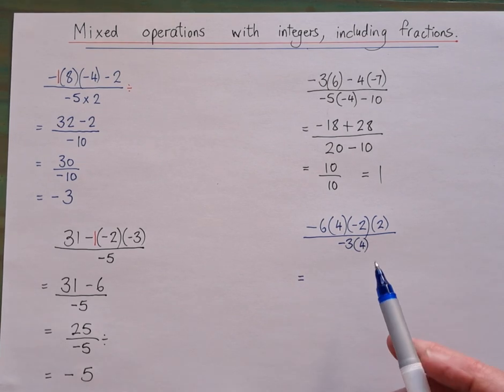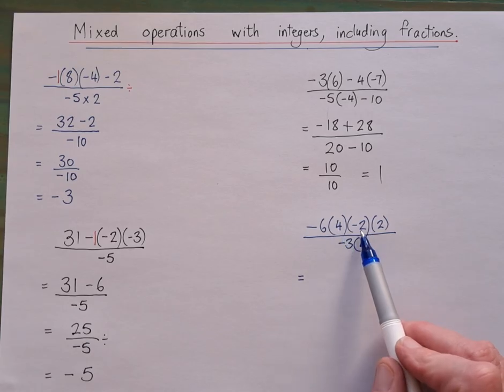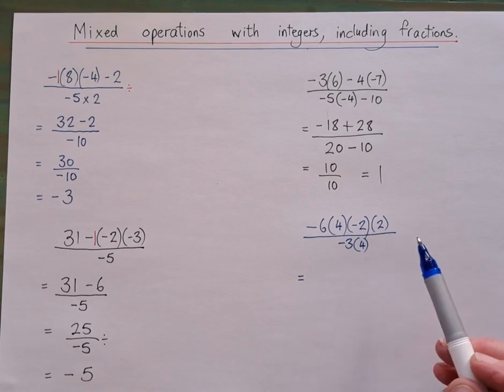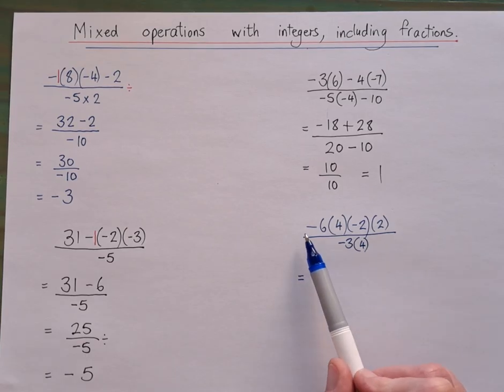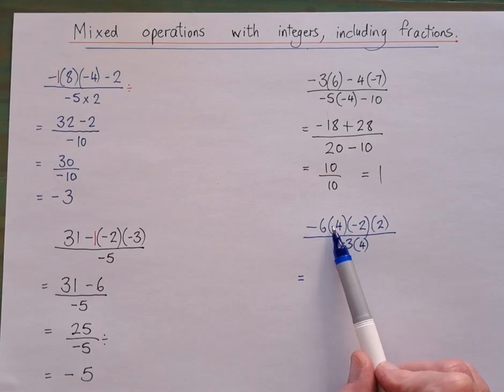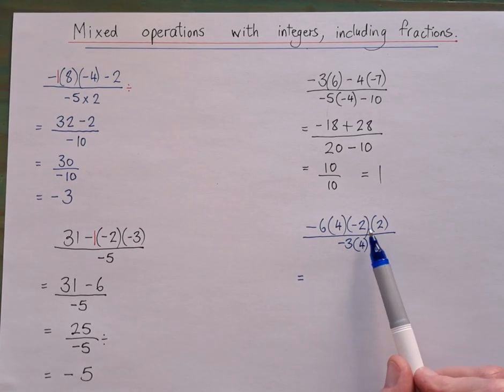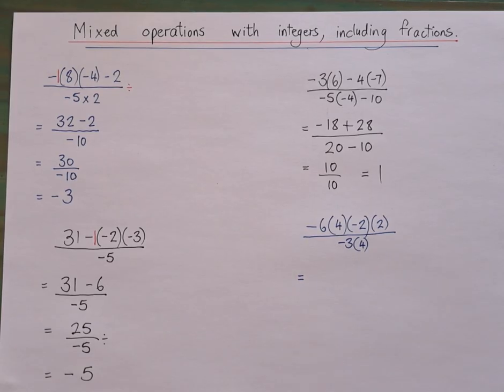Right, so here we've got negative 6 being multiplied by 4 being multiplied by negative 2 being multiplied by 2. So this is just one long multiplication sum there. So let's work through our signs first. Negative times positive is negative. Negative times negative is positive. And as soon as we have a positive times a positive, we know that it's going to be positive.